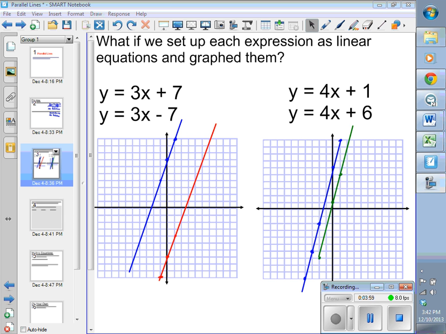So what do you notice about our lines? How would you describe them? We'll address this on the next slide. Hopefully you've got these graphed in your notes. If you didn't, I would suggest going back and graphing them yourselves for your own benefit.